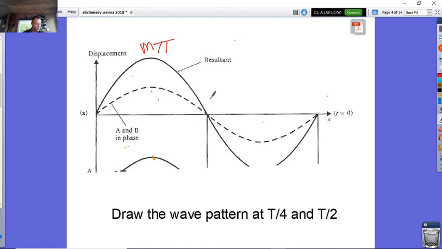Now M is the number of nodes, so you can have a node here, and a node here, and a node there. What this is talking about is the phase difference, which is going to be 180 degrees from here to there. So literally, from this loop to that loop, there's a pi phase difference.